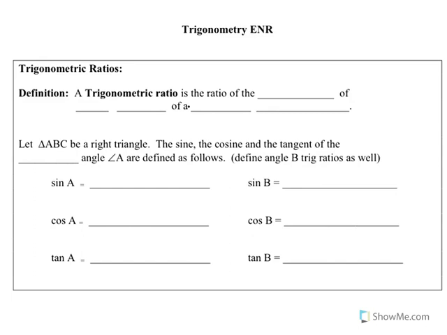So it says definition, a trigonometric ratio is the ratio of the lengths. So we're talking about lengths of those sides. Lengths of the two sides of a right triangle.